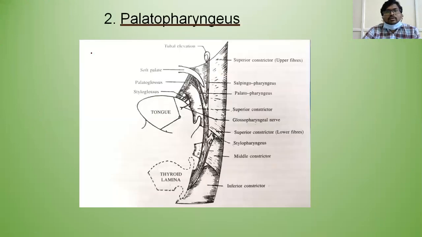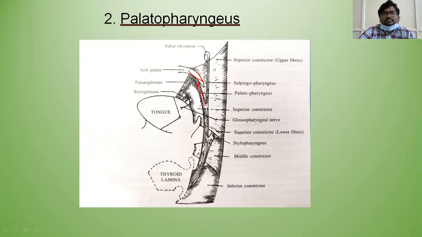Now coming to palatopharyngeus. As we discussed in the last class, the palatopharyngeus has two fascicles. These two fascicles arise from the upper surface of the soft palate, and they go downward. Both these fascicles go downward posterolaterally, and they combine to form a single muscle. And they go downwards.